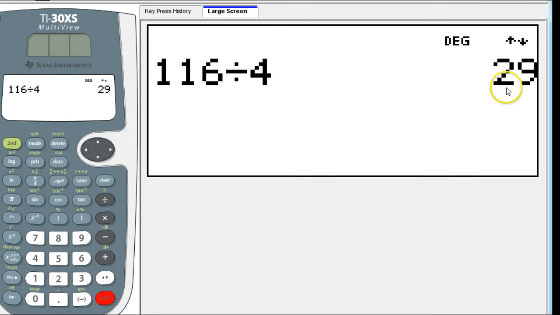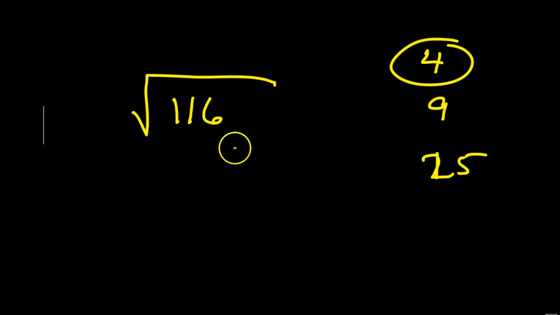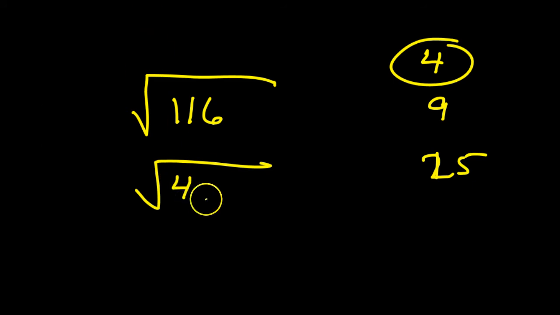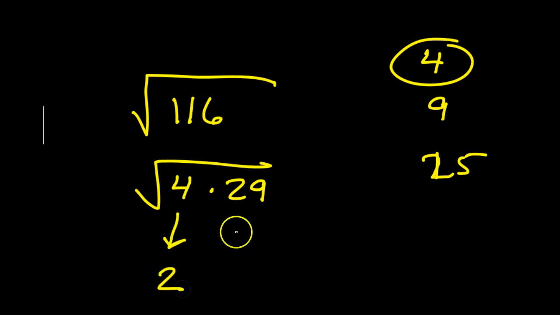So notice 4 goes in evenly 29 times. Okay, so that means that 116 is the same thing as 4 times 29. So if I take the square root of 4, that's going to become 2, and the radical 29 is left behind. So that's what's happening.